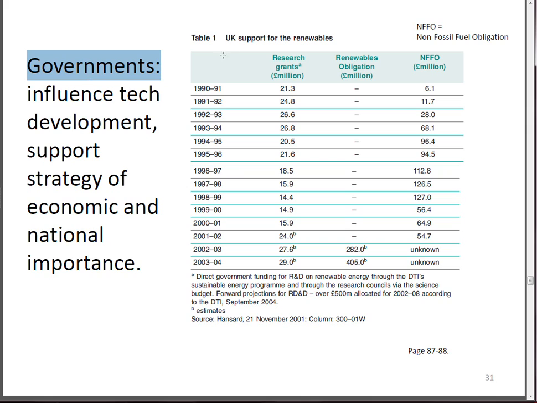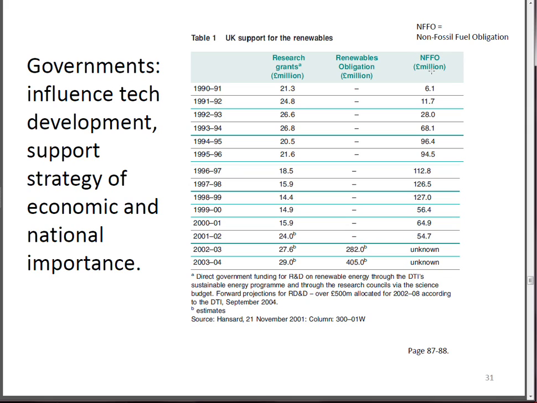Here in table 1 on the right, we see the UK support for renewable energy. This is a really interesting table. Here on the far right we talk about NFFO, which means non-fossil fuel obligations.